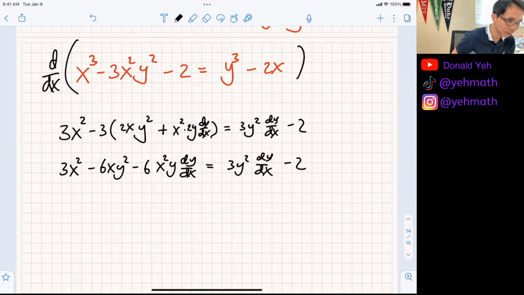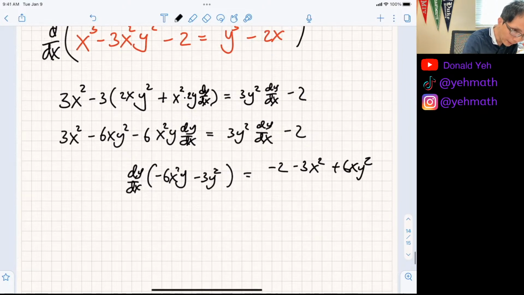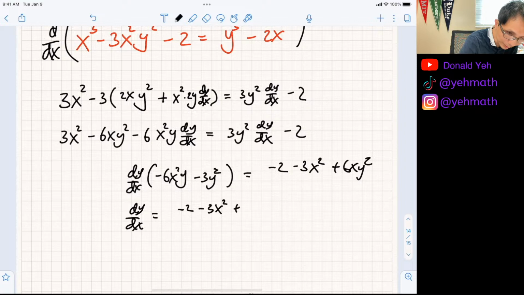Does everybody have that? Okay, so I'm going to do it in one step because I can organize things in my head. So actually, let me just do that. dy dx here, negative 6x squared y minus 3y squared is equal to negative 2 minus 3x squared plus 6xy squared, and dy dx is equal to negative 2 minus 3x squared plus 6xy squared all over negative 6x squared y minus 3y squared.